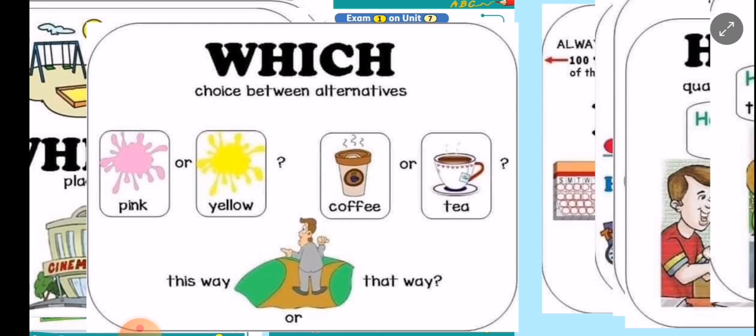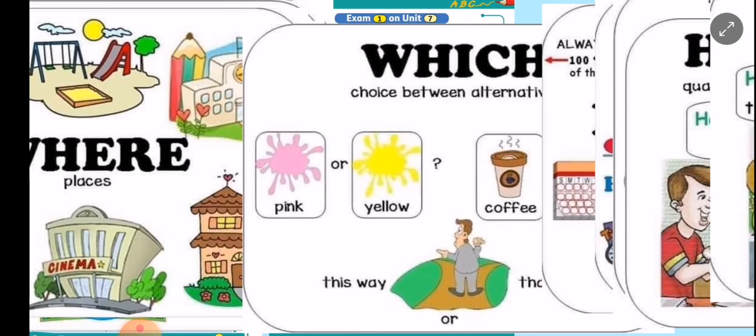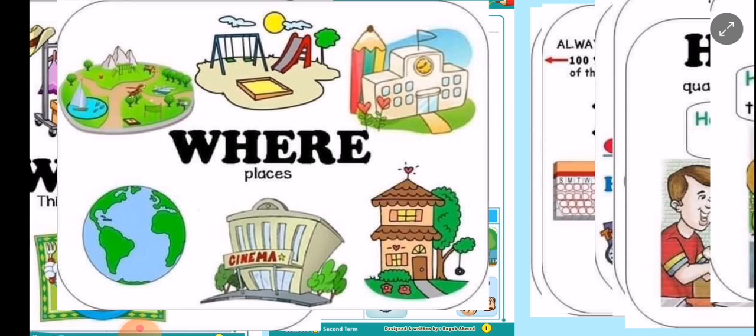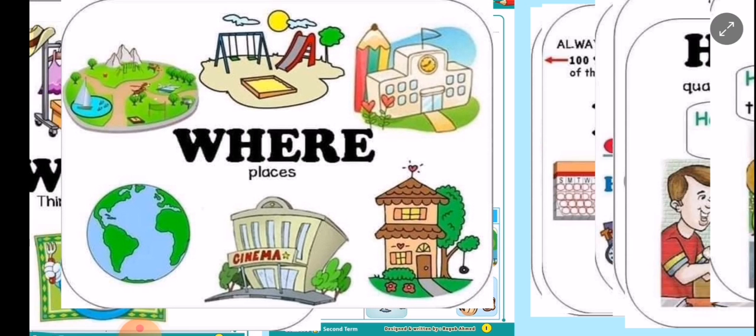I am in grade 5, and so on. Which one do you choose? I choose this one. Which mobile do you choose? iPhone or Huawei, and so on. You are going to choose between two things or more than two. This is for which.